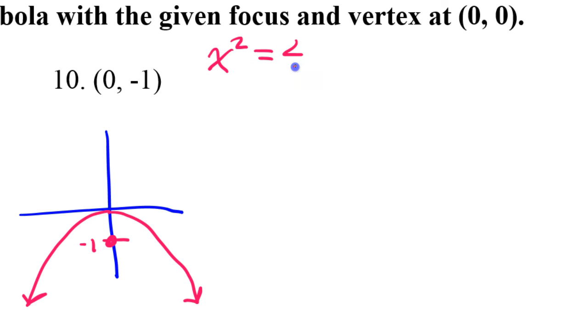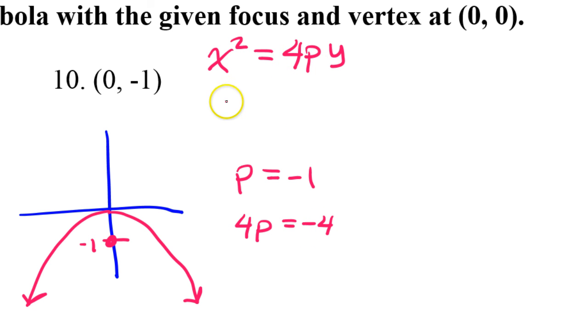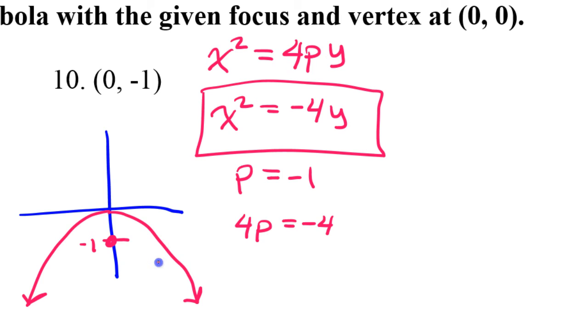X squared is equal to 4p times y. The p value is this -1. That means 4p is equal to -4. So, replacing 4p with -4, I have x squared is equal to -4y. So this will be the equation for number 10.